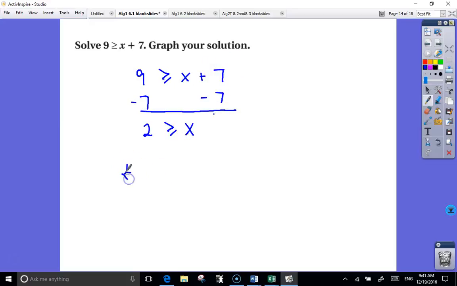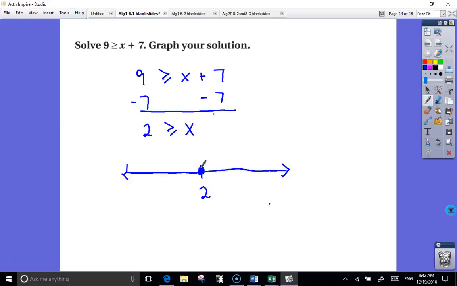Okay, now, this is a good point. So am I going to use open or closed circle? A closed circle. Am I going to shade to the right or to the left? Okay, so remember what I said before.